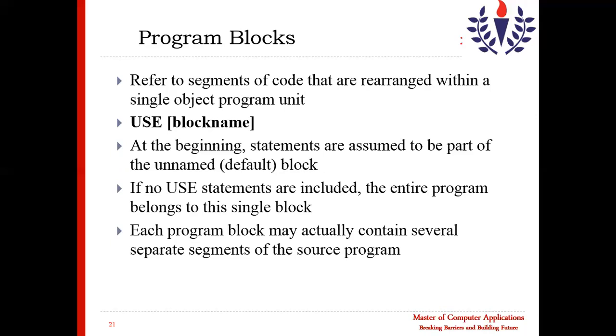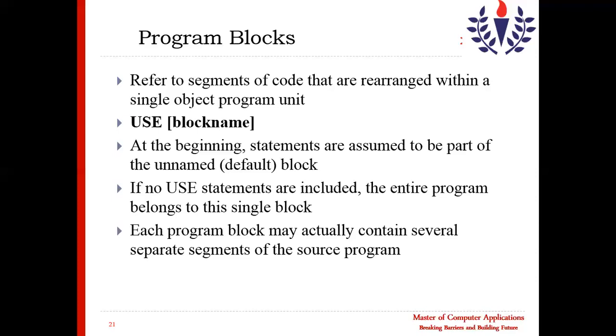Like I can say one block is a code block, one is a data block, one is a stack block, one is another block. So I can create different blocks from my whole program, and when I generate machine code from it, I can arrange this small code according to that.